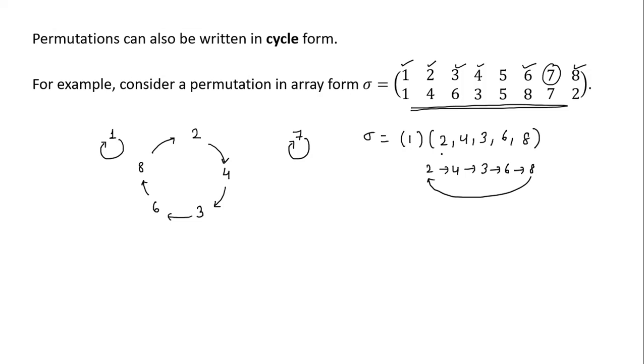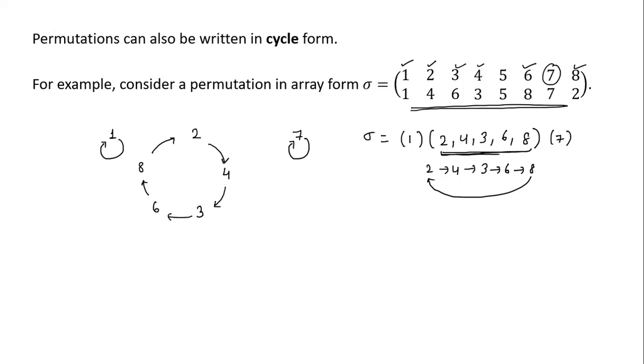Okay, so this is a cycle, and in its order it is showing how elements are mapped from one to another, and 7 is mapped to itself. Alright, so this is what we have obtained. We have obtained how we can represent any permutation in cycle form.